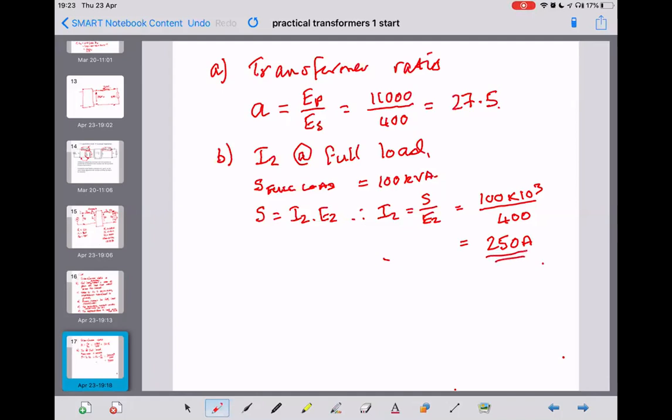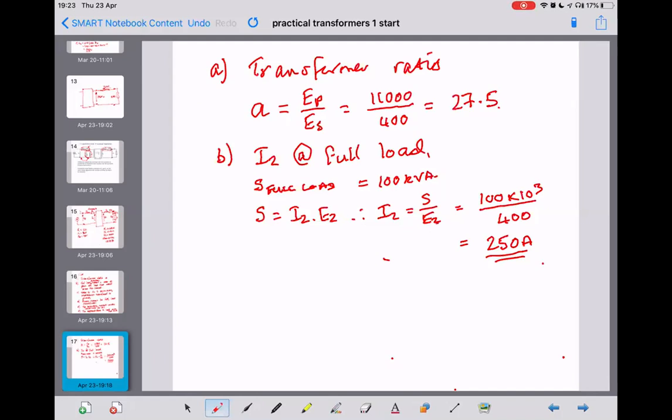Am I right? Hang on, I messed this up. So 100, yeah, I've got that, divided by. And it wants the value of resistance per resistive load. E2, you've used ES, have you?